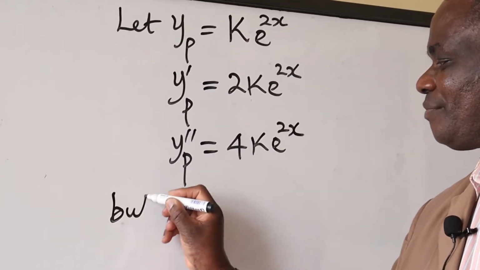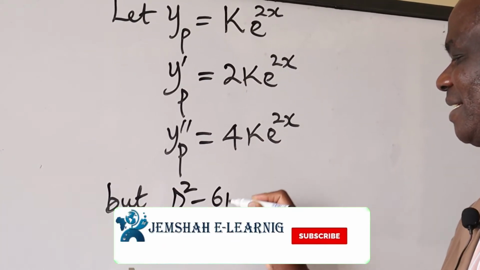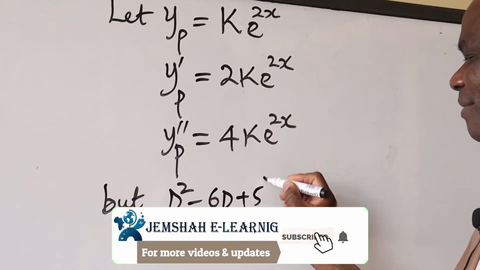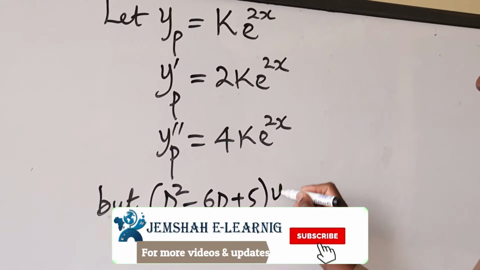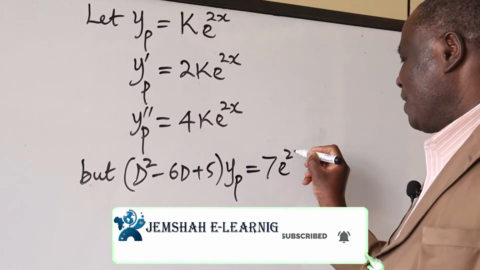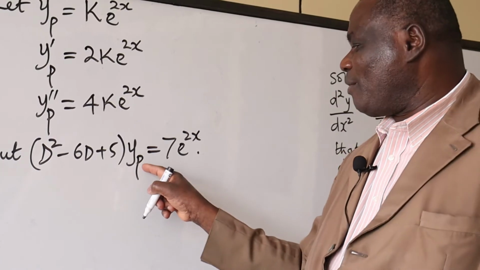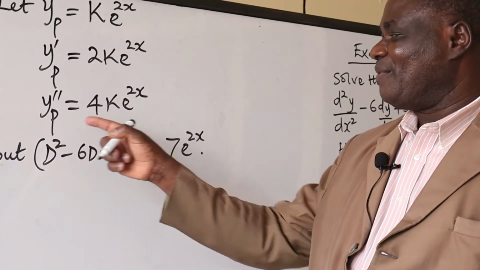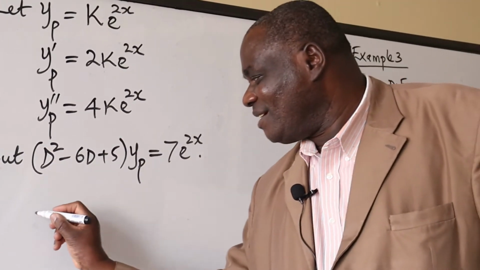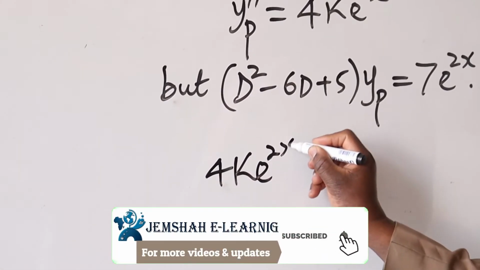But we know something: d squared minus 6d plus 5 into yp is the only one which will generate 7 exponential 2x. So d squared multiplying yp, the second derivative of yp, which is 4k exponential 2x.